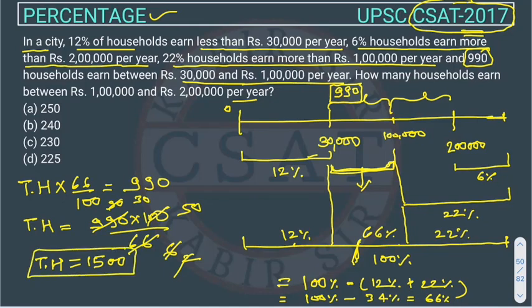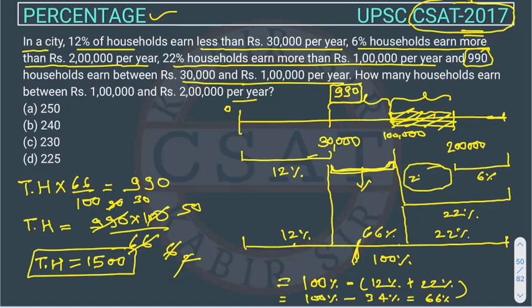Now we have to find out this one, right? The households earning between 1 lakh and 2 lakh. This one we have to find out. So we know that households above 1 lakh are 22% and above 2 lakhs are 6%. So this will be how much?